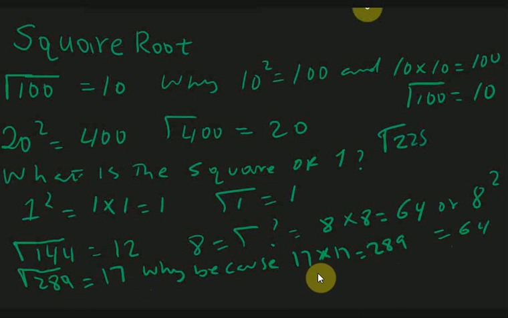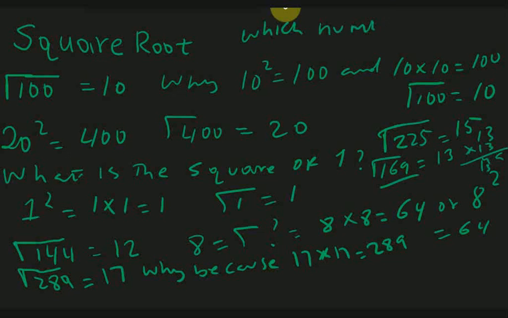So if you take the square root, you go back to 17. The square root of 225 is 15. 15 times 15 is 225. So square root is basically like that. What about 169? 13 times 13 will give you 169. So the square root of 169 is 13.